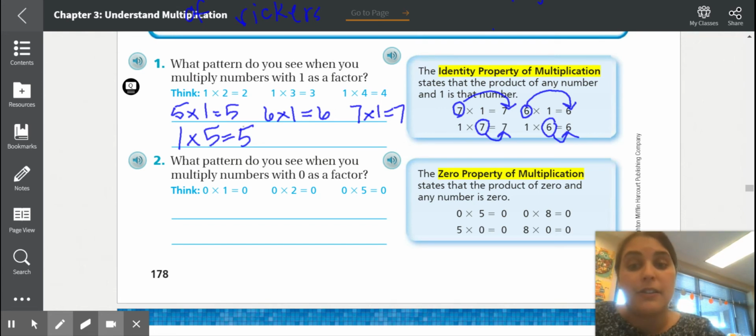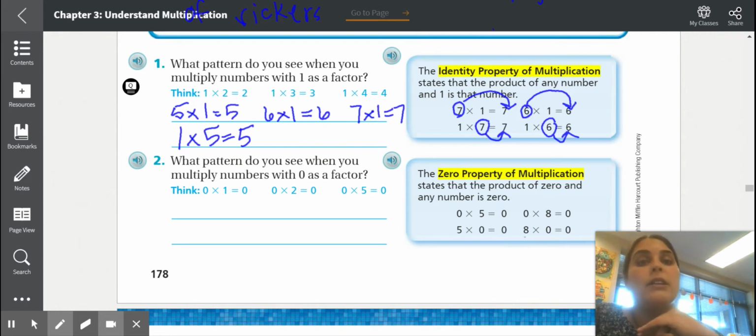Okay, let's move on to the 0 property. The 0 property of multiplication states that the product of 0 and any number is 0. So 0 times 5 is 0. 5 times 0 equals 0. 0 times 8 equals 0. 8 times 0 equals 0. So any number multiplied by 0 equals 0.